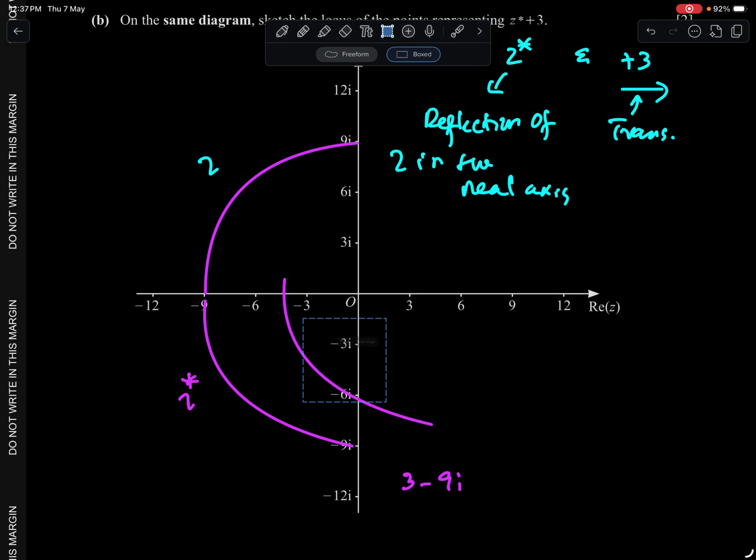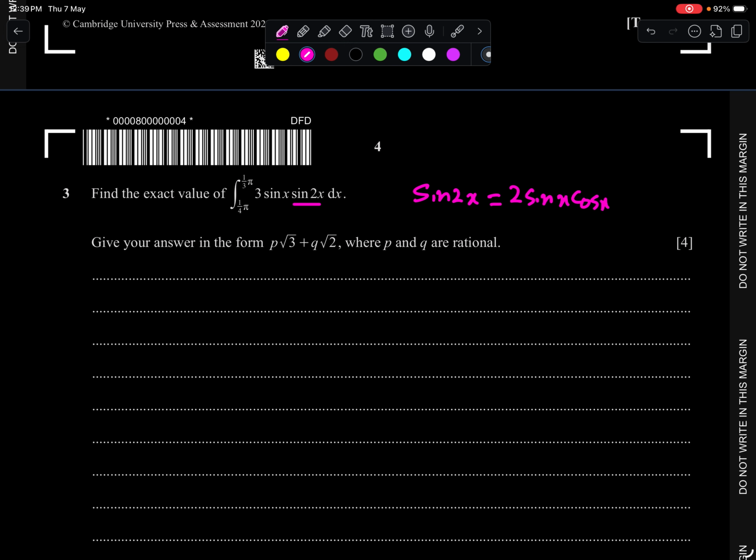See, we have a product of sine and sine 2x. We need to use the double angle formula to simplify this. Sine 2x is 2 sine x cos x, and then we will be able to integrate this. Pi by 4 limits.